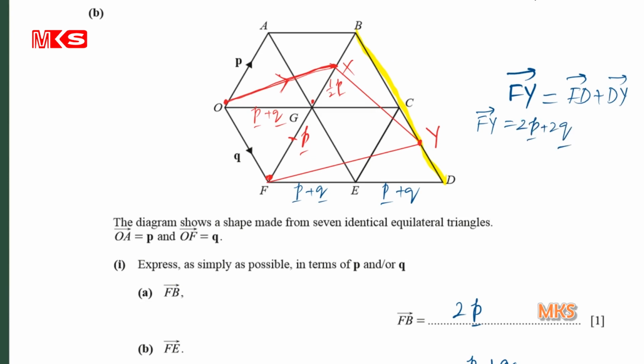What you can see here is DC is minus Q, because this is parallel to FO and opposite in the direction and equal in length.